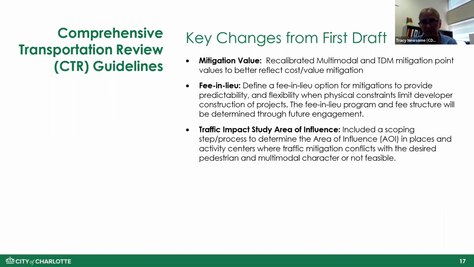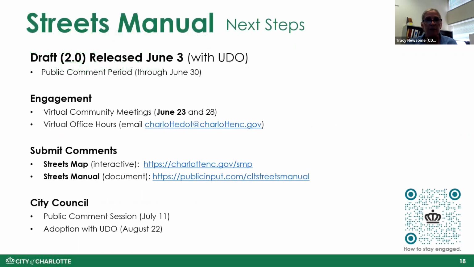This is a technical step where the area of influence is determined, and there's some flexibility there to define a context-based area of influence, recognizing that the study area you want for an activity center may be different from something located in a different type of context. So again, that's a technical step to help determine the area of influence. Those are the key changes between the two drafts.